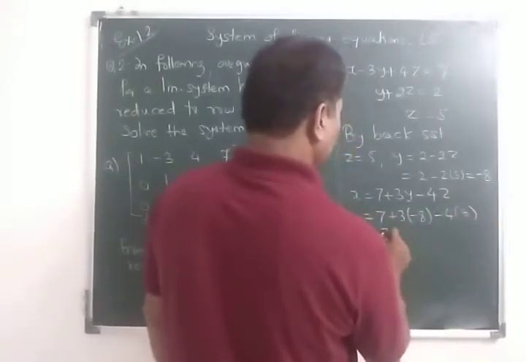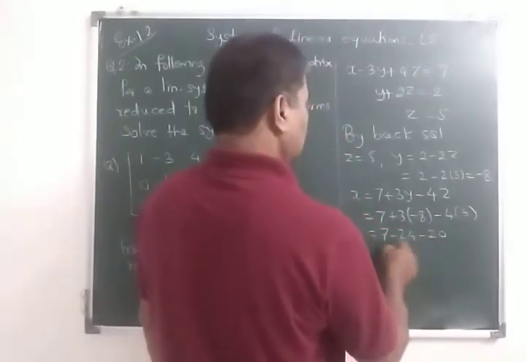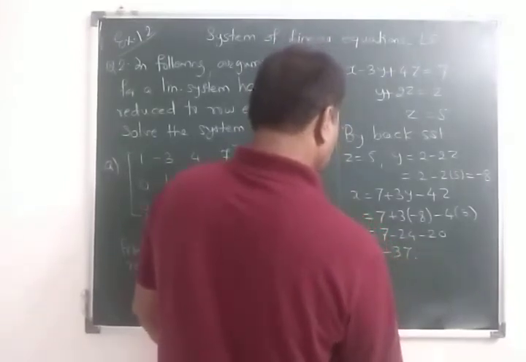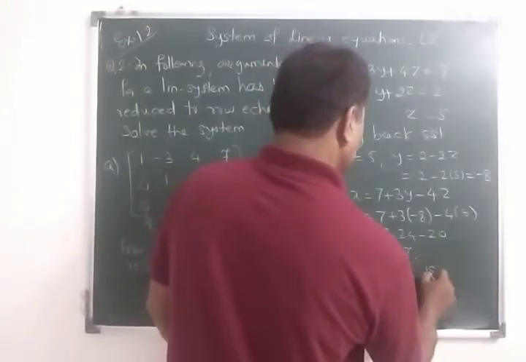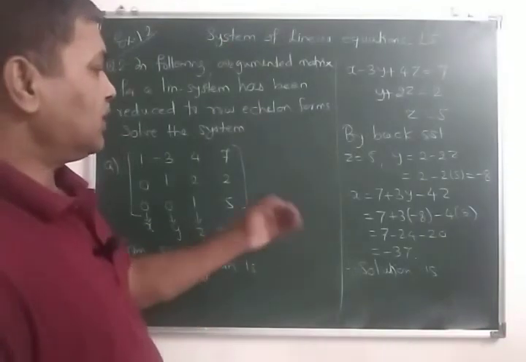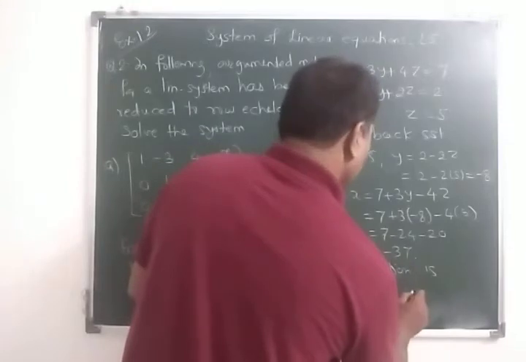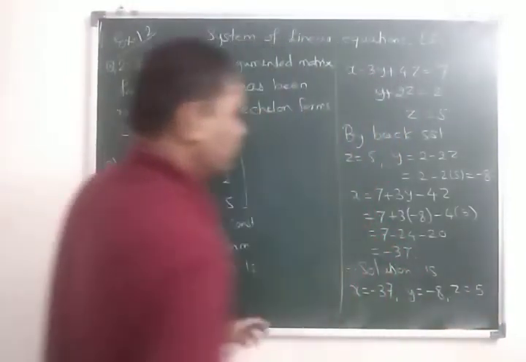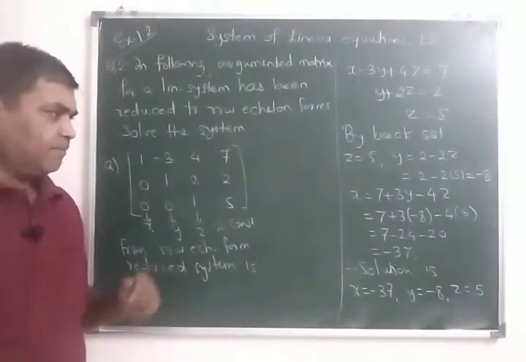So it will become 7 minus 24 minus 20, and it will become minus 37. Therefore the solution is: always we write the solution with the first variable value, then the second, and then the third. x is minus 37, y is equal to minus 8, and z is equal to 5. Is it clear?